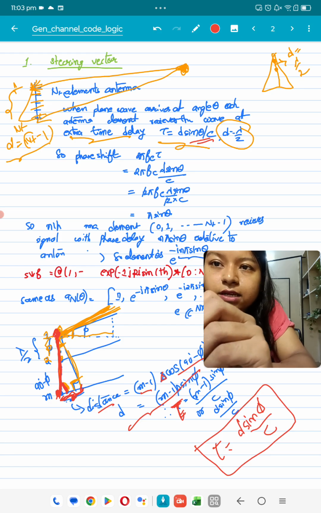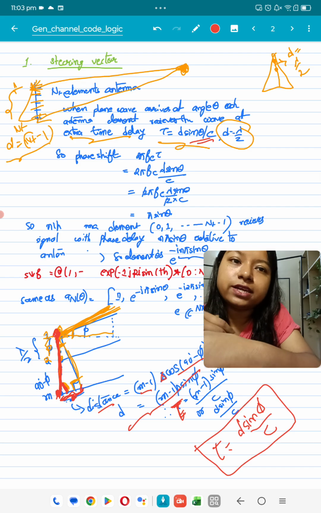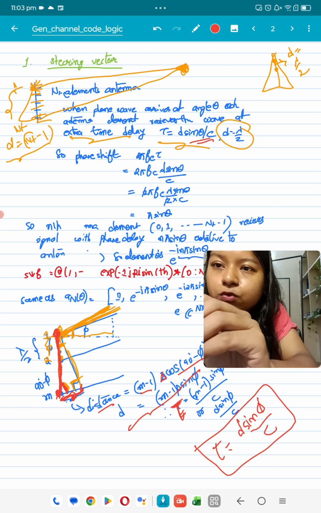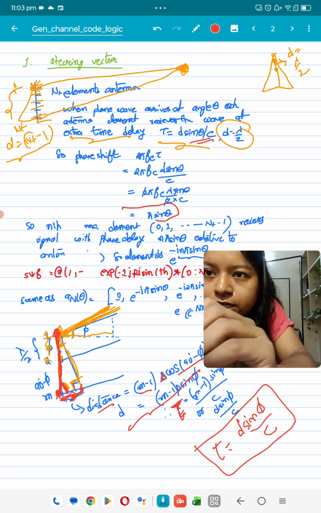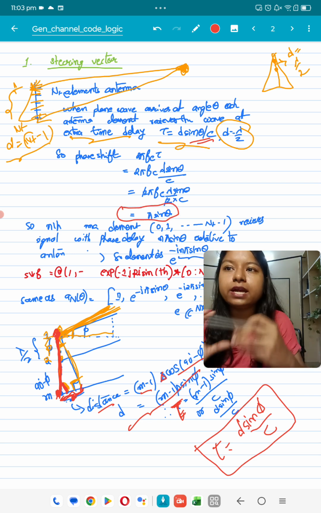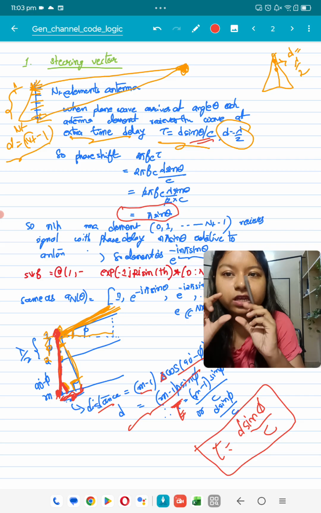So 2 pi fc, then d is by design generally taken as lambda by 2. So 2 pi fc lambda by 2 sin theta by c. From there we got the term that there is a phase shift of pi sin theta between each element.